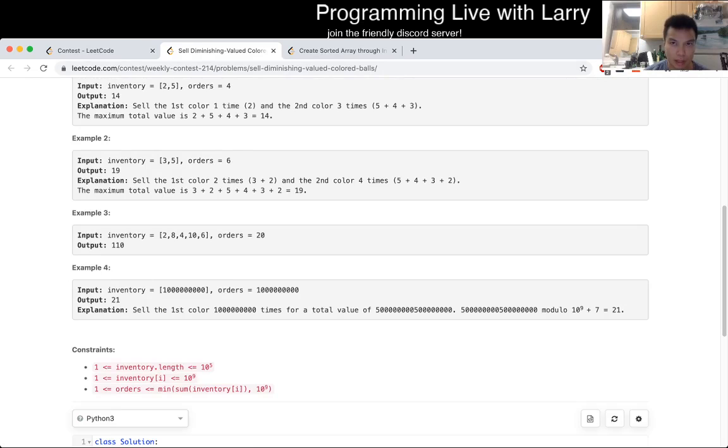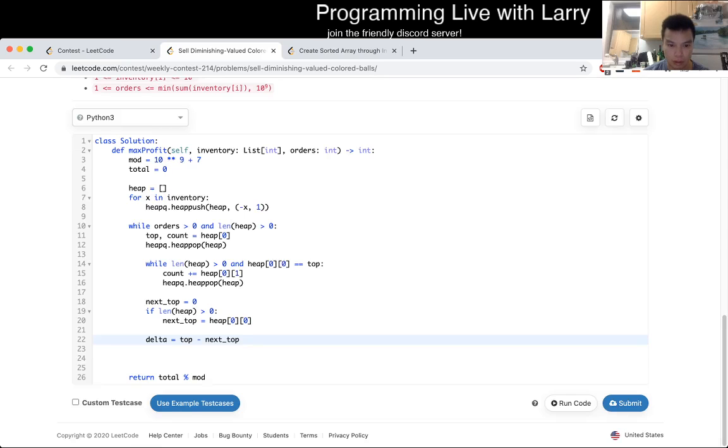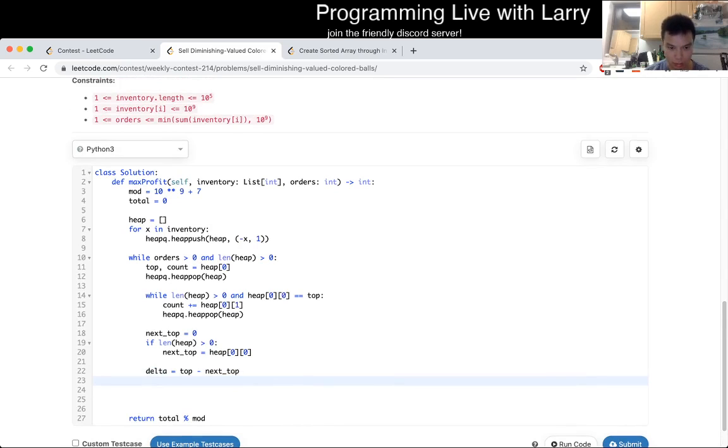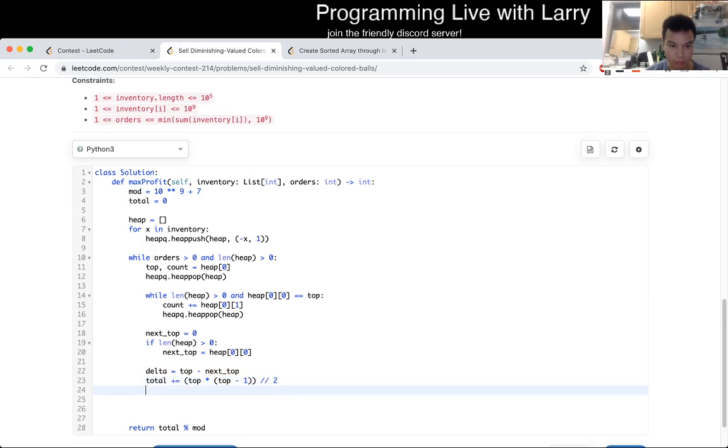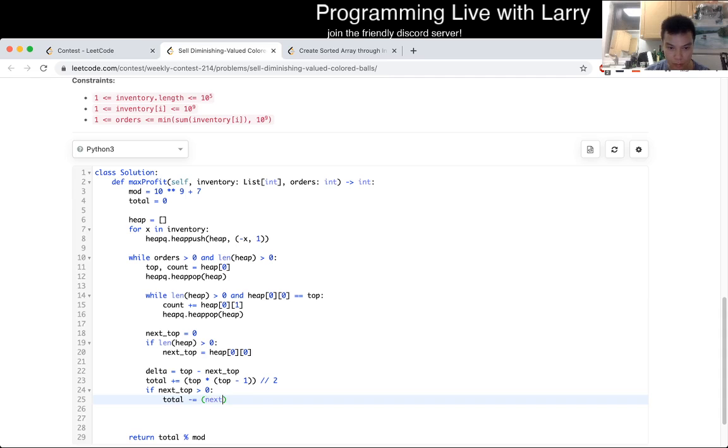10 is going to turn to 8. It'll be 10 and 9. So maybe... Now we push it back on top.